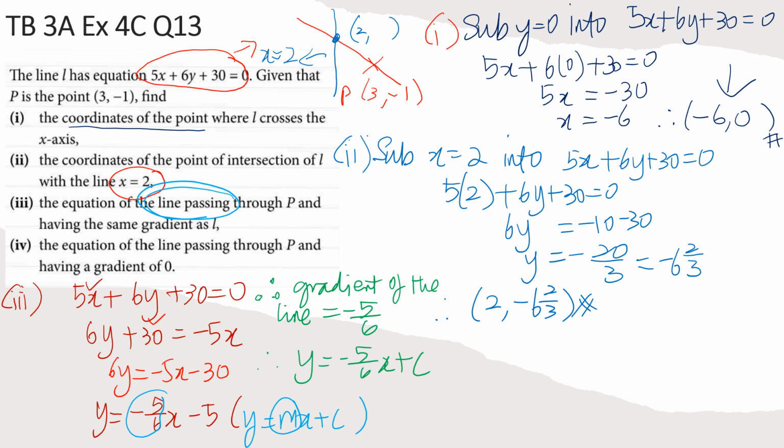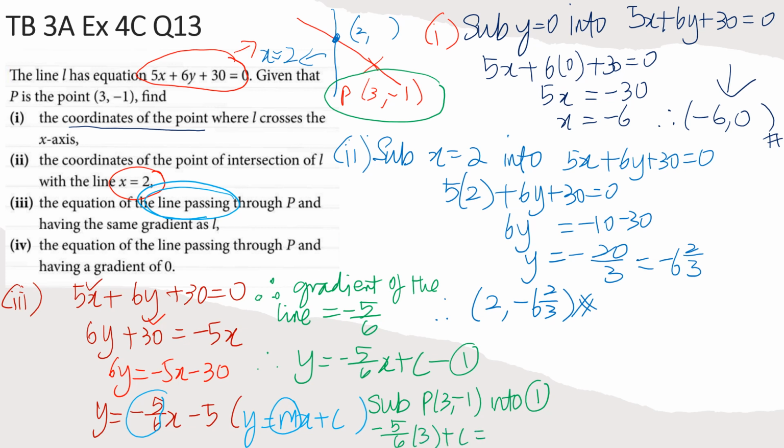And we're very lucky. Why are we very lucky? Because we're told that this line passes through this point P. So we can just substitute P into it. Negative 5 over 6 times 3 plus c equals negative 1. I'm going to leave it to you to find c, which will be negative 1 plus 5 over 6 times 3, and that gives you 3 over 2.